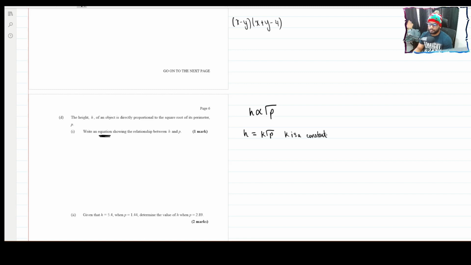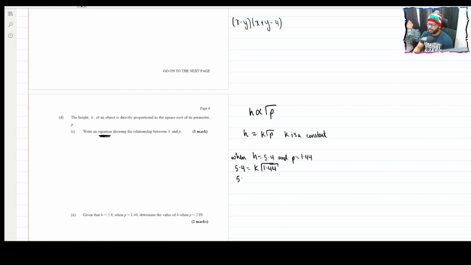Part B, part 2. Given that h is 5.4 when p is 1.44, determine the value of h when p is 2.89. So the first conditions, when h is 5.4 and p is 1.44, this gives us the luxury to calculate the constant k. So when h is 5.4 and p is 1.44, we'll have 5.4 is equal to k square root 1.44.